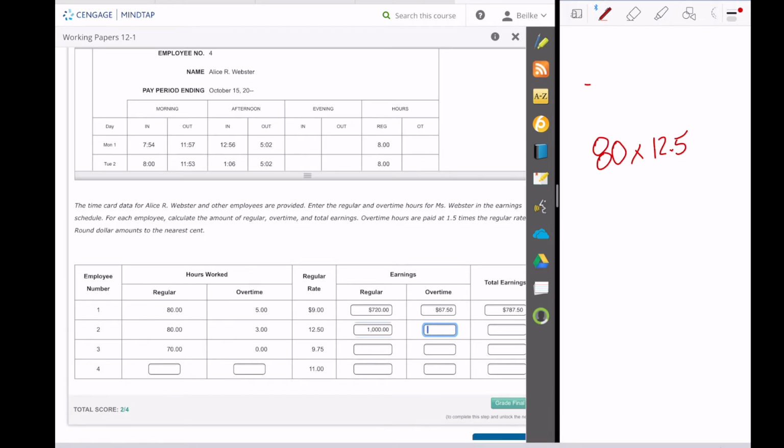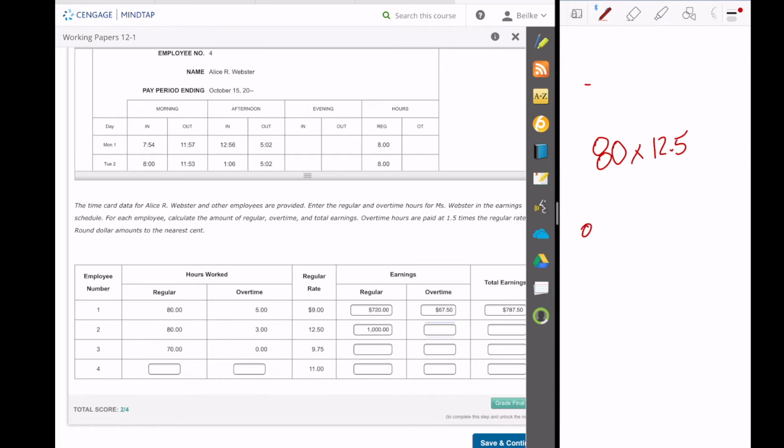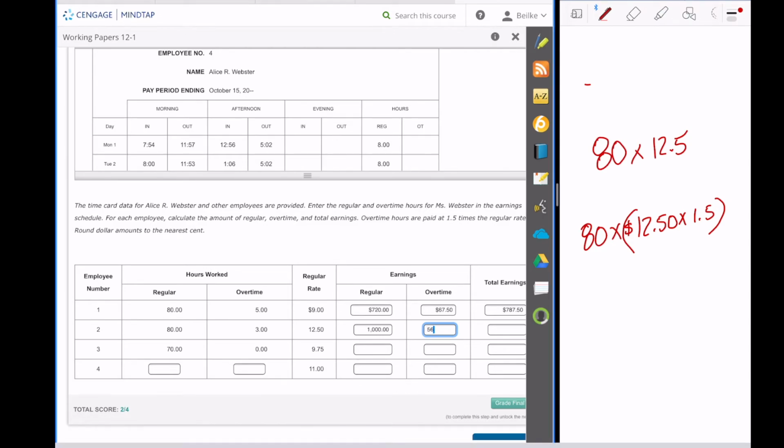Overtime again is $80 times 1.5 and you should come up with $56.25, and you add those two together, 1,056.25. Okay, the third one, you're going to take 70 hours of regular times 9.75, and you come up with $682.50.